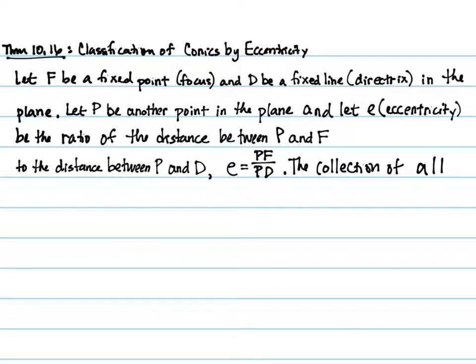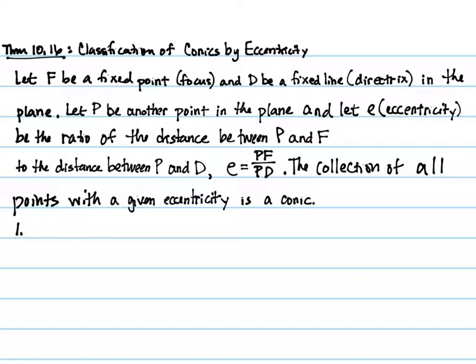All right, so the collection of all points with the given eccentricity is a conic. And the conic that it is depends on the value of E. So if E is between 0 and 1, we have an ellipse.